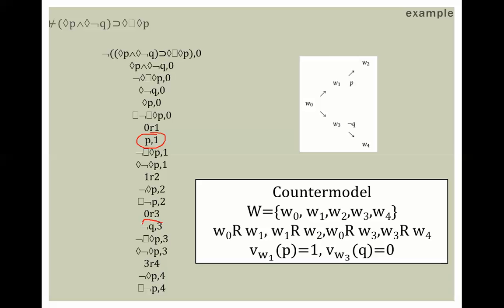I have a not q3 here, and that's all I have. So at world 1, p is true. At world 3, q is false. So I'm going to say the truth value at world 1 of p is 1. The truth value at world 3 of q is false, because it's a not q at 3.